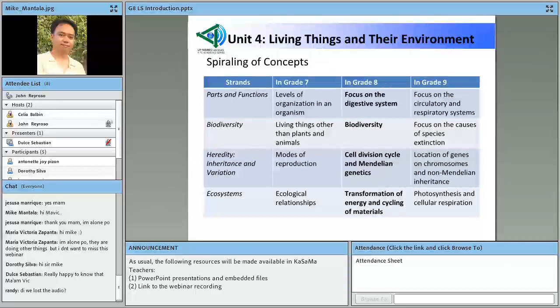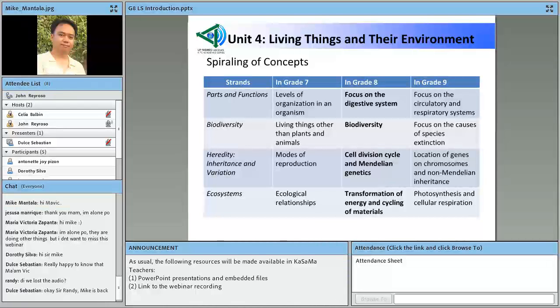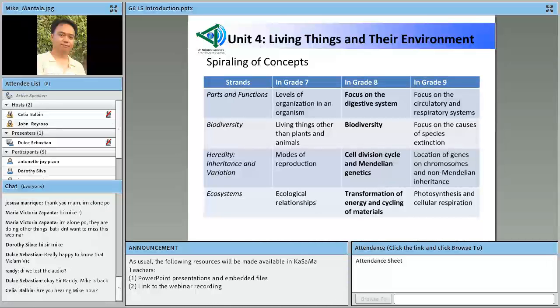As you see here, there are 4 strands in Unit 4: parts and functions, biodiversity, heredity, of which we have 2 components, inheritance and variation, and ecosystems. Now for each strand, concepts are spiraled from macro to micro, such as in parts and functions, in which concepts develop from levels of organization in an organism to focus on specific organ systems, and from concrete to abstract, such as in ecosystems.